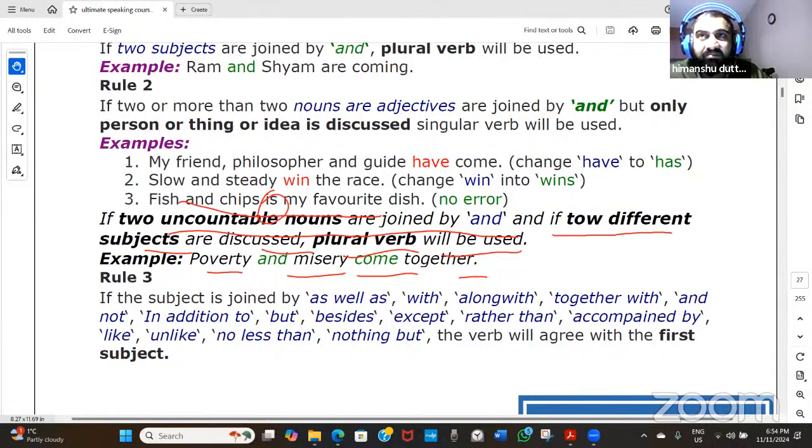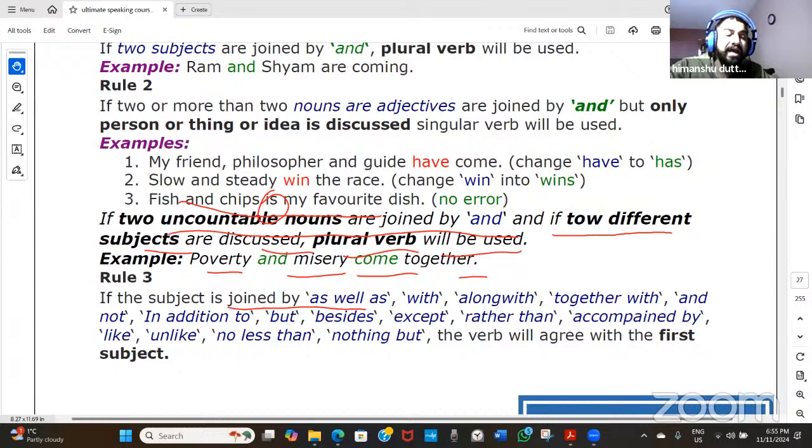Misery is being cheap, or not wanting to spend anything, so you are a miser. A spendthrift is the opposite of that. So poverty and misery come together. Both come together, so here it's the plural one. That's how it is. Uncountable one.